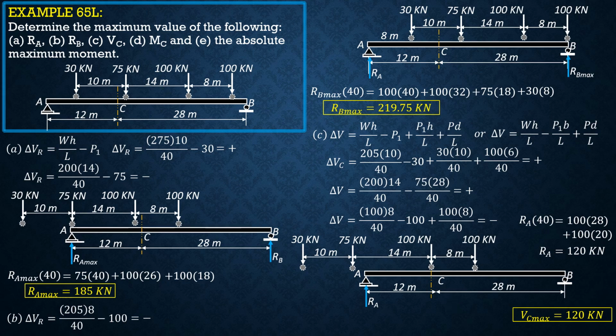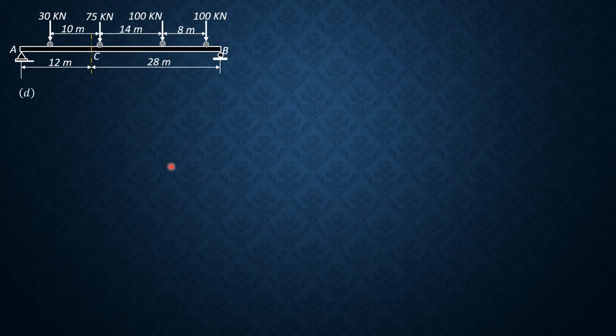Next, we proceed to moment at C. So for moment at center, the criterion would be W over L minus W1 over A, delta M equals 0, where L is 40 and A is half of 40, 20.